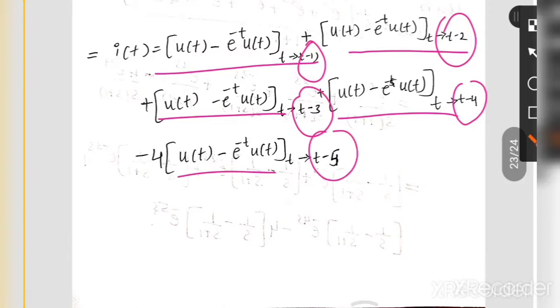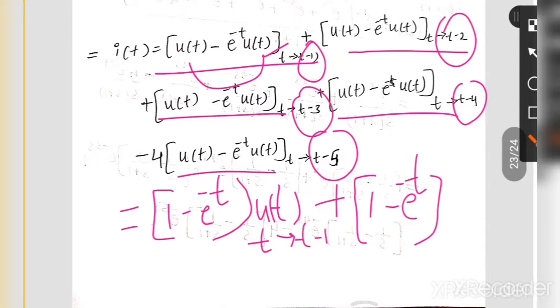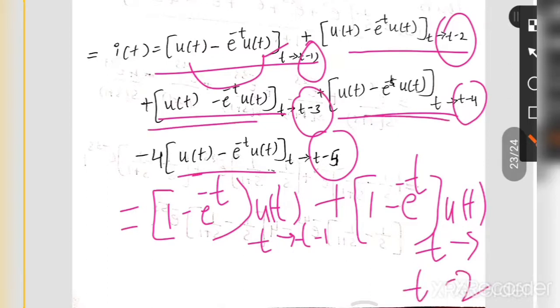Now for simplification, we can take u of t outside from each term, which leaves 1 minus e raised to minus t, where t has to be substituted as t minus 1. Similarly, for the second factor we can take u of t outside, leaving 1 minus e raised to minus t, only t has to be t minus 2. Similarly, we can write all the other terms.